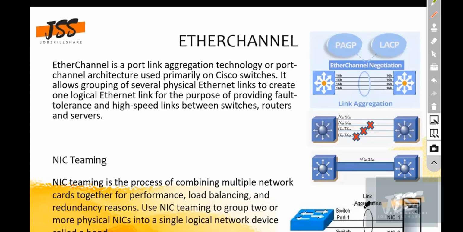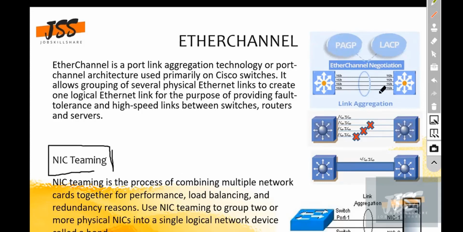But we need redundancy everywhere. So this time we have 2 network interface cards, which are connected with the switch with port 1 and port 2. And then we will have a kind of software inside our Windows environment, which will create the NIC teaming.